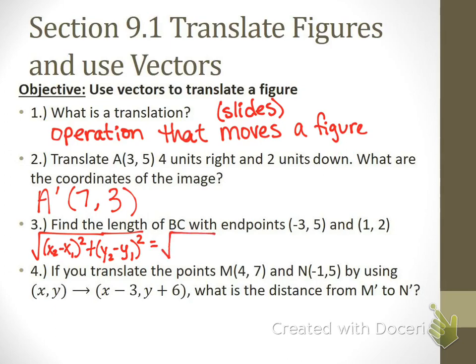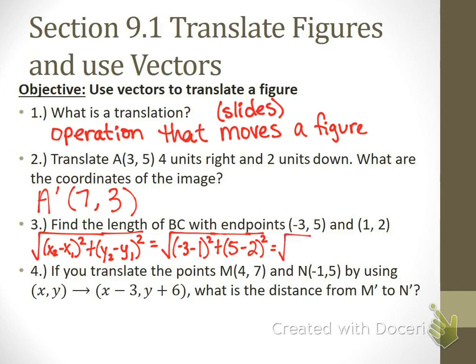When we plug stuff into that, what's the first x you want to plug in? -3 minus 1. That gets squared. Plus, if we started with -3, what y do we have to start with? 5 minus 2. That gets squared. What is -3 minus 1?